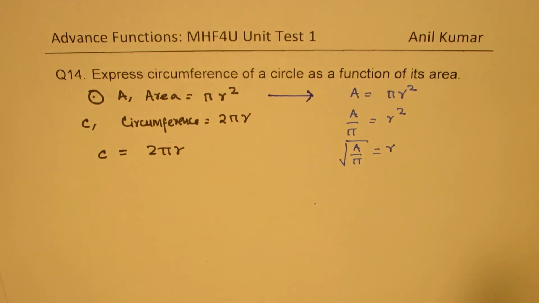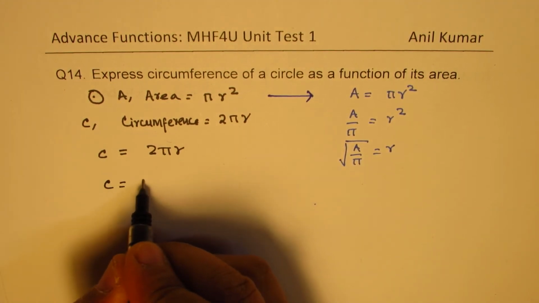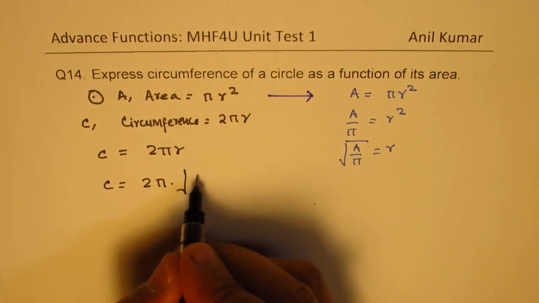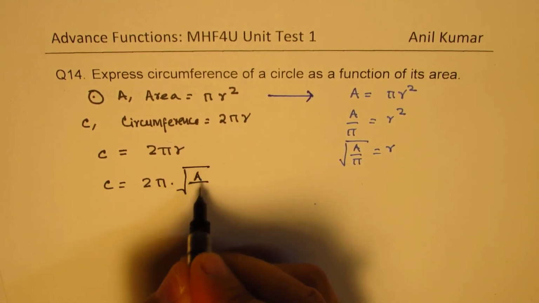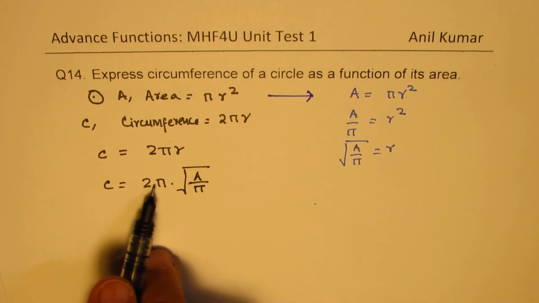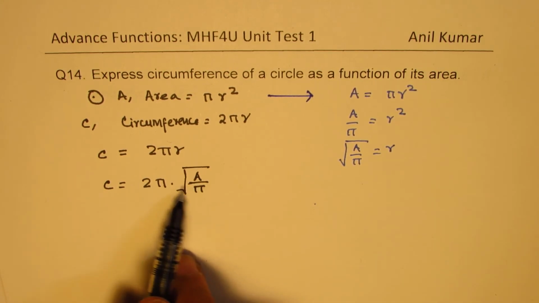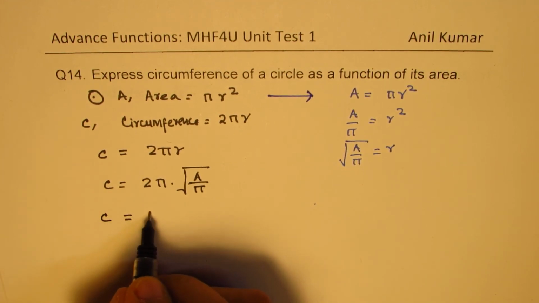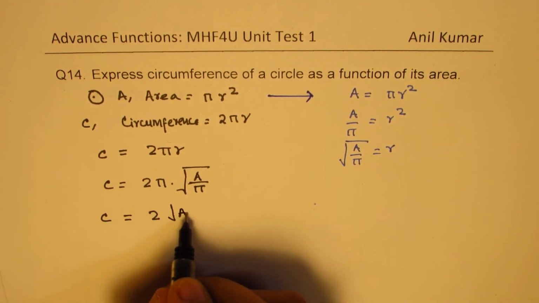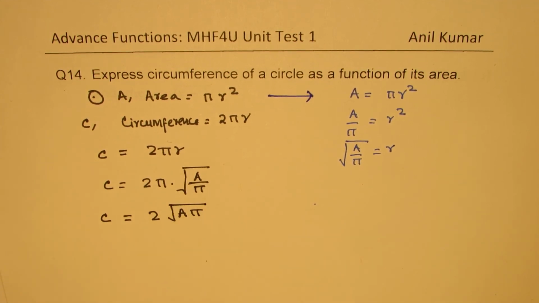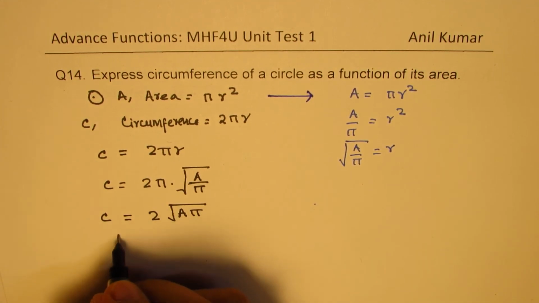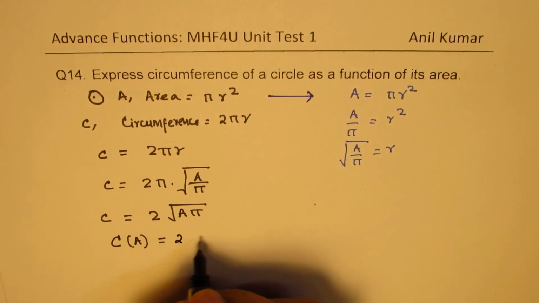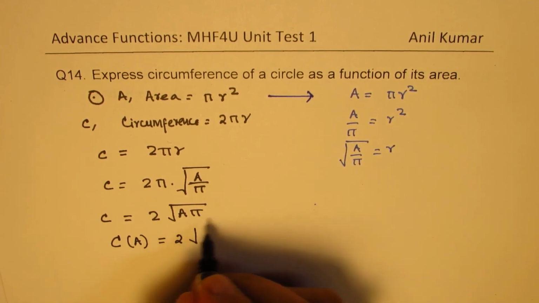So we can now write c as equal to 2 pi, the value in terms of a is square root of a over pi, correct? So that means this is divided by square root of pi. So we could say this c is 2 times square root of a pi. Is it clear to you? So that becomes the relation. So we can say circumference as a function of area is equal to 2 times square root of pi a.